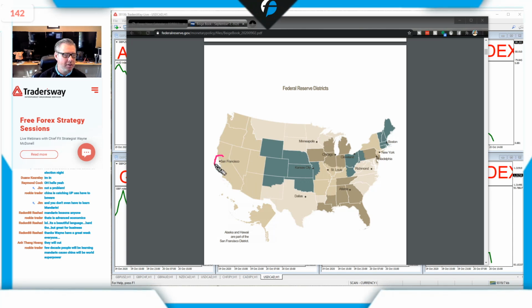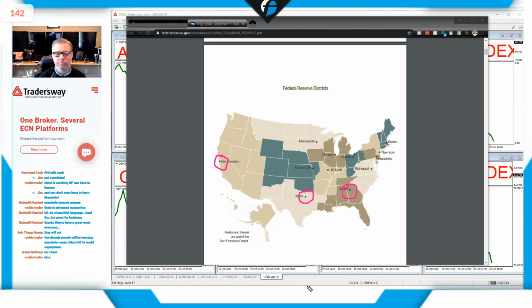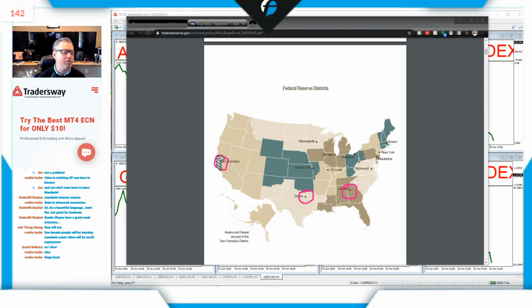But the San Francisco Fed, the Dallas Fed, and the Atlanta Fed, for example, are completely independent central banks.